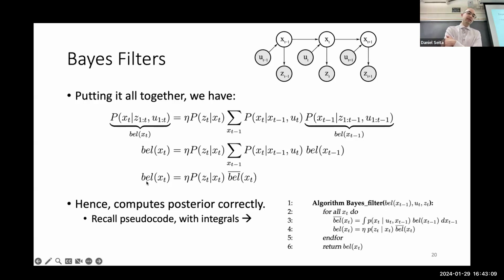Another way to think about this is that for every xt, you're weighting it by the probability that you get this sensor reading given that we assume we're in xt. Your whole distribution is going to be this when you consider the whole span of what xt can be equal to.